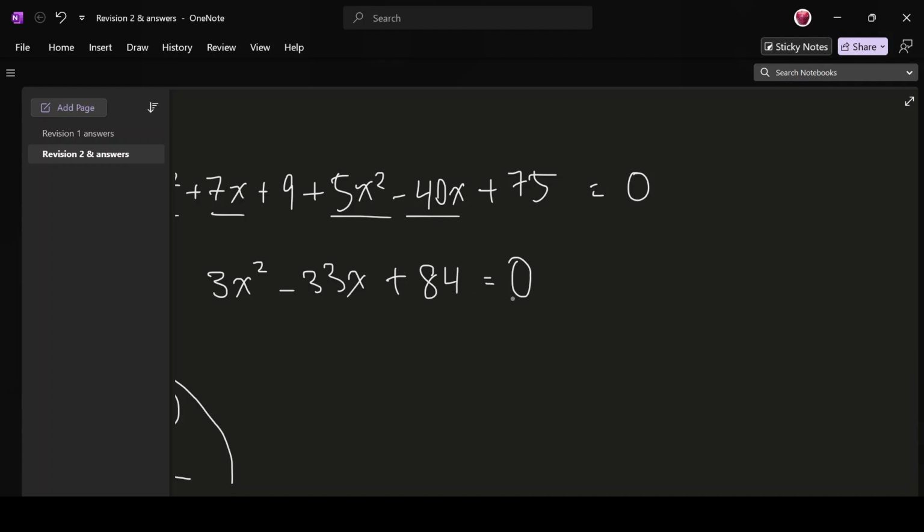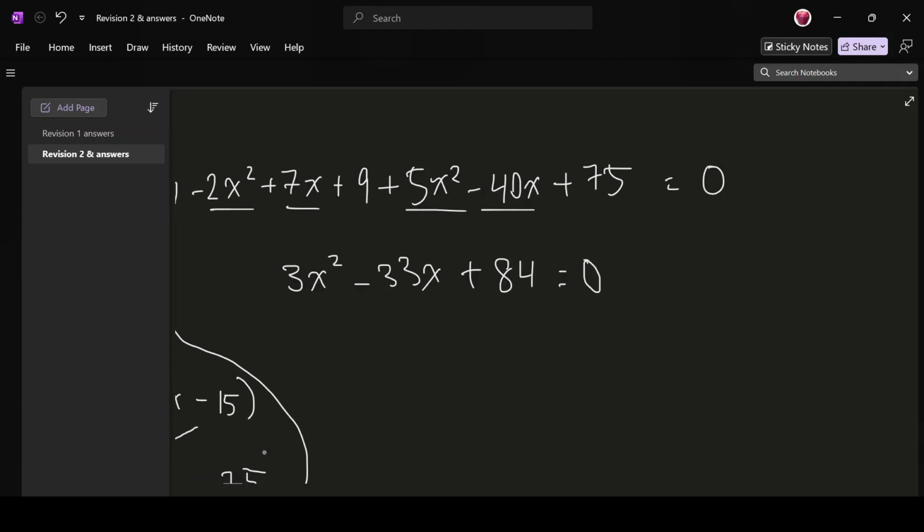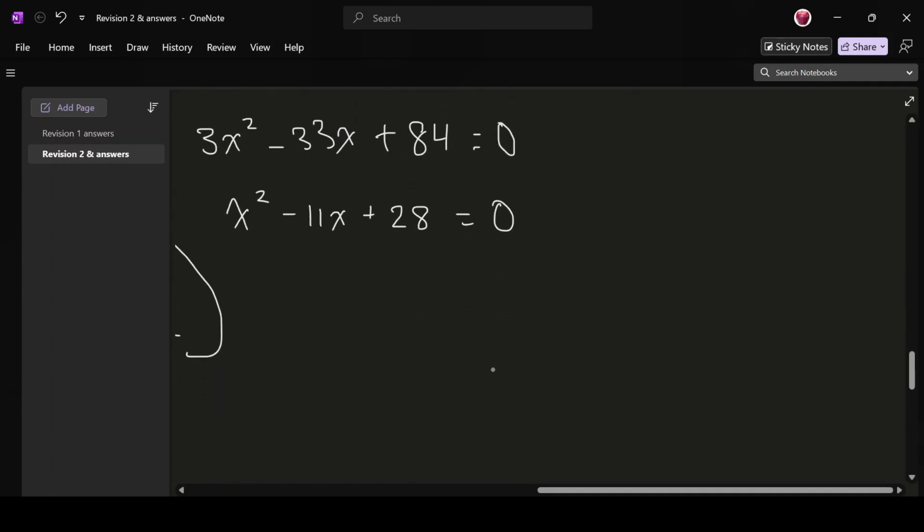And this is all still equal to 0. Okay, so you can actually simplify this to make it look better, because all of these numbers are divisible by 3. 3 divided by 3, that's just 1. So x squared minus, negative 33 divided by 3, that's negative 11x. And 84 divided by 3 is 28. And this is still equal to 0.